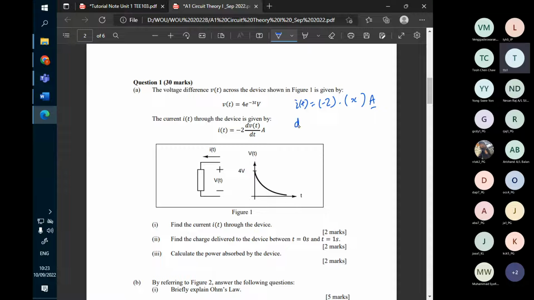So what you can do is do the derivative of this voltage yourself, okay, and then you get the answer. There's no unit here.